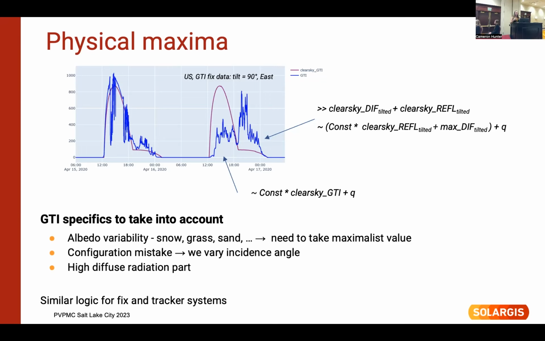So we also take into account the configuration error. Fortunately, we can do the same for fixed and tracker systems, so there is not that much difference. Yeah, and I hope that it was understandable. If not, there is Slido for questions, and I can try a second time.